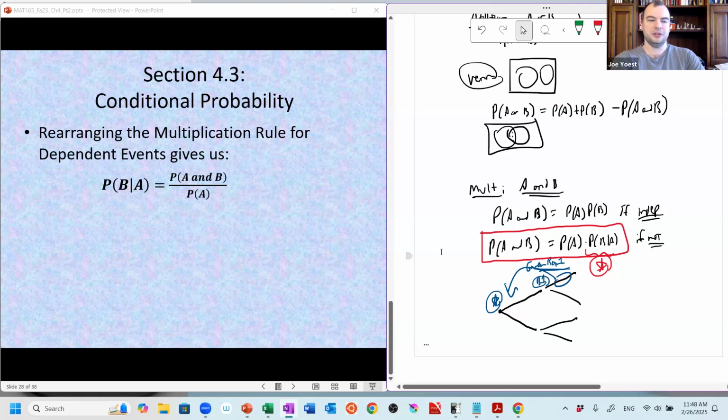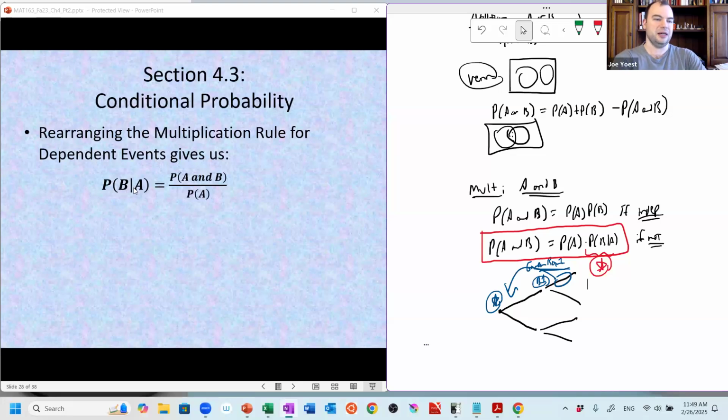And I think this formula also contributes to people wanting to treat this given bar, this vertical bar, like a divided by sign, which it really is not. Especially when we get to things like Bayes' theorem, thinking of it that way is really going to mess things up. So this B given A is its own notation, and it's related to a ratio.